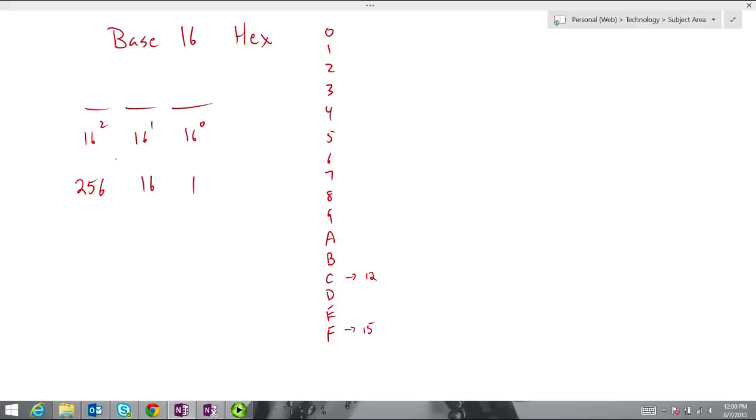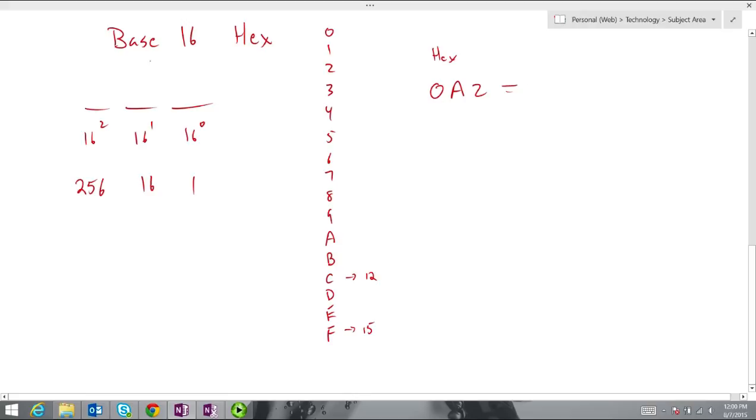So we can, again, start with a number like, how about 0A2. So the hex number 0A2, what does that equal in decimal?